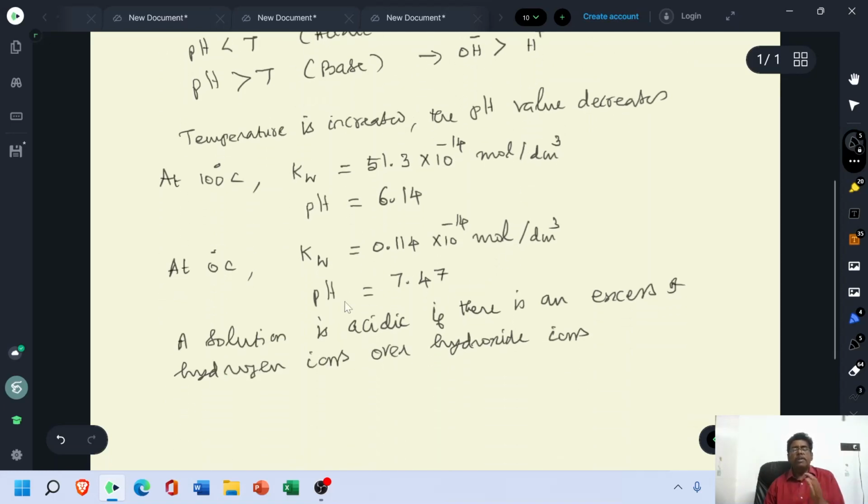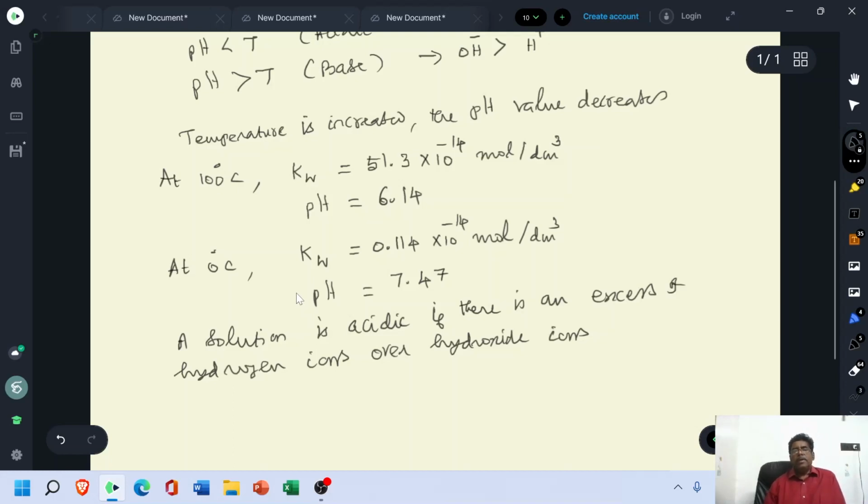But as far as the water is concerned, even at 0 degrees Celsius, the number of H plus ions is equal to the number of OH minus ions. So it is still maintaining its neutral property. So whatever be the temperature and whatever be the pH value of water, water is maintaining its neutral property.